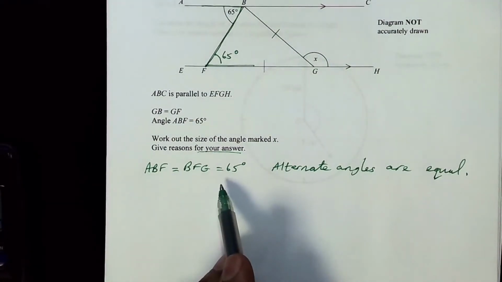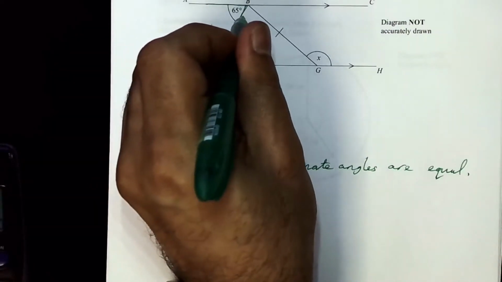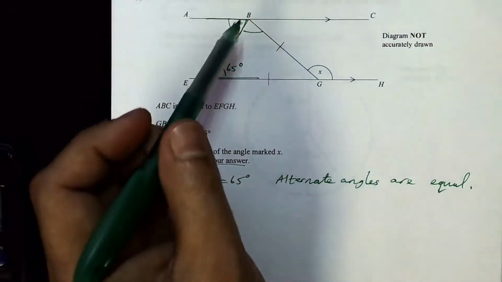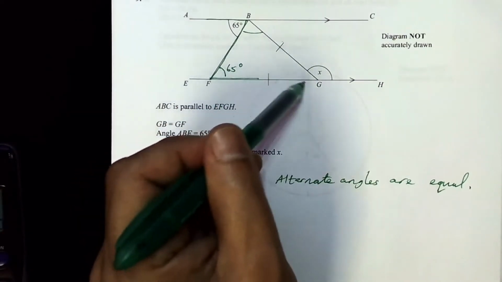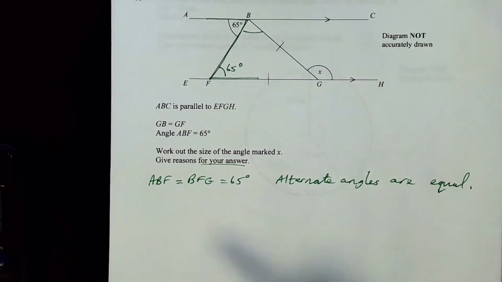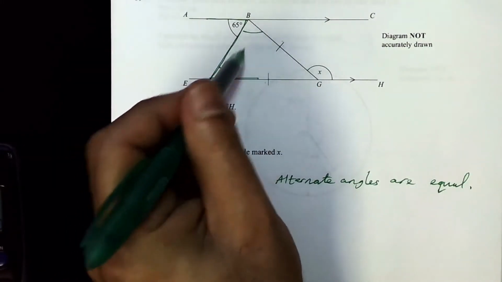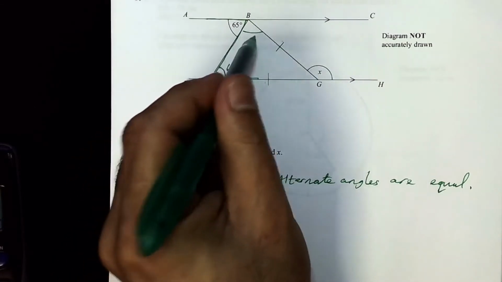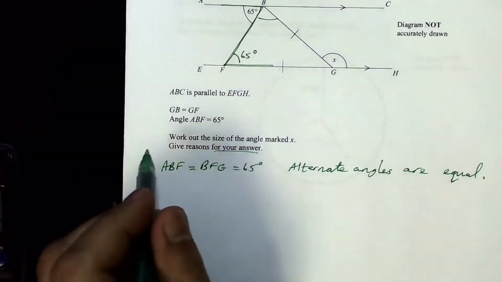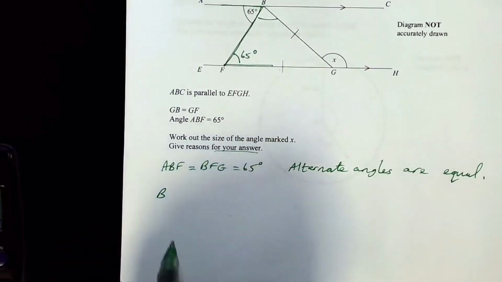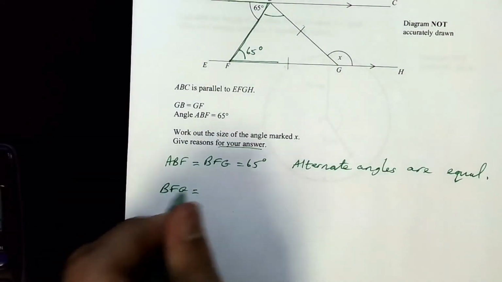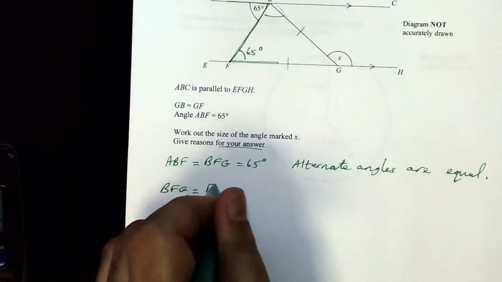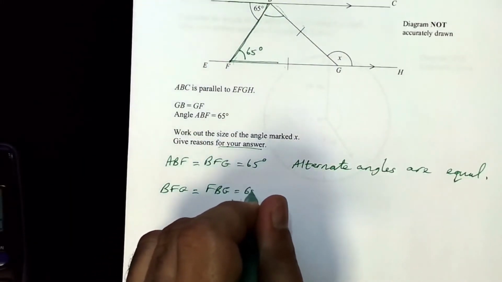Next, for this angle here, we're told in the diagram, by those two small lines, that this is an isosceles triangle. So these two are the base angles, and for an isosceles triangle, the base angles are the same. On the next line, I'm going to write BFG, which is the one we just worked out, is equal to FBG, which is equal to 65 degrees.